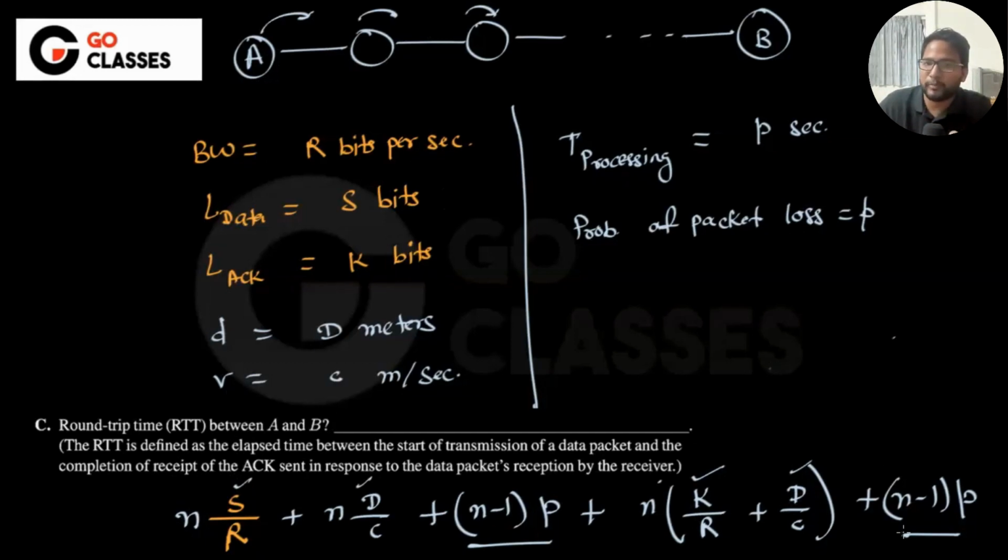Transmission obviously does not happen at B; transmission doesn't include the end station. You will be transmitting at A and at the intermediate stations. Transmission time will not be at B. Yes. Right, so basically, let me just tell you again.